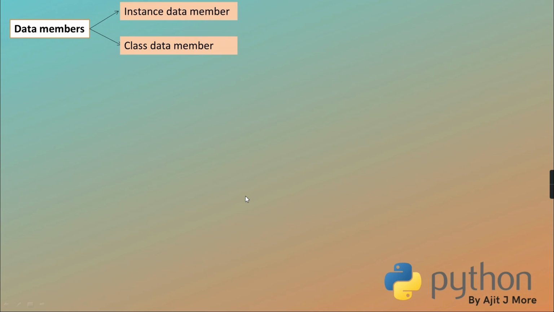So first, is the difference clear to you? Can anyone tell me the basic difference between class data and instance data? Whenever we create a class, it will have its own properties, and the objects which invoke that class will have their individual characteristics or properties.